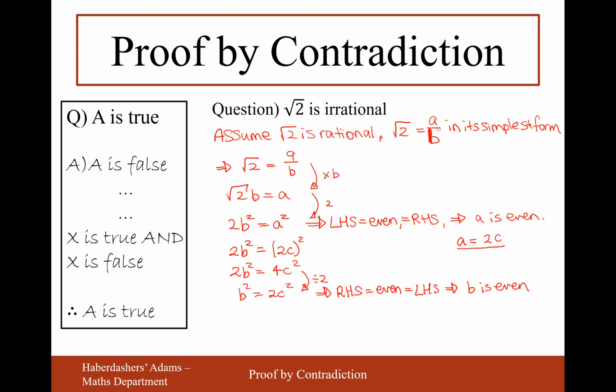Now this will contradict the fact that a over b is in its simplest form, because if I've got a fraction where it's an even number on top of an even number, then I can reduce it by a factor of 2, and I'll have to explain that in the next sentence. As a and b are both even, the fraction a over b can be simplified.